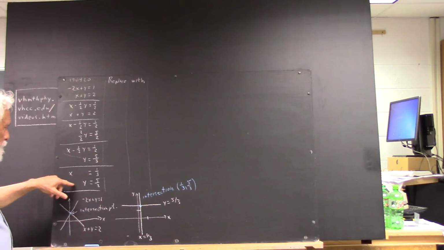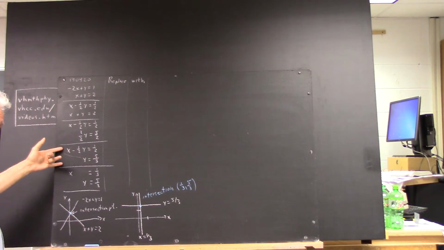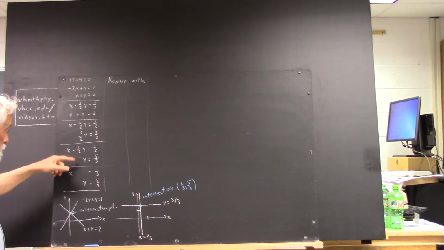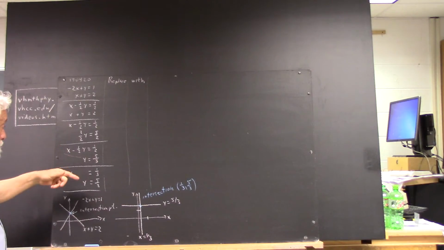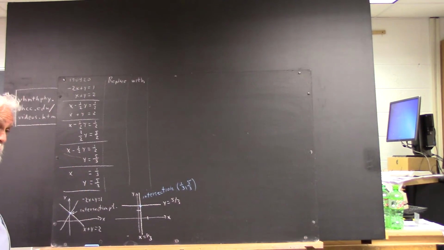x equals 1/3 and y equals 5/3 are equivalent to this. Because y is 5/3, if we subtract 1/2 y from x, what are we going to have? We're going to be subtracting 1/2 of 5/3, right?